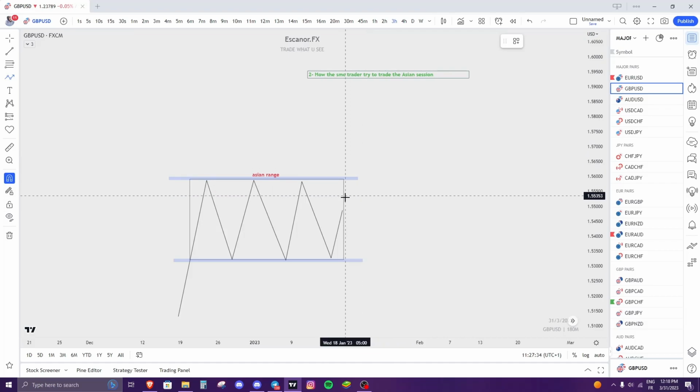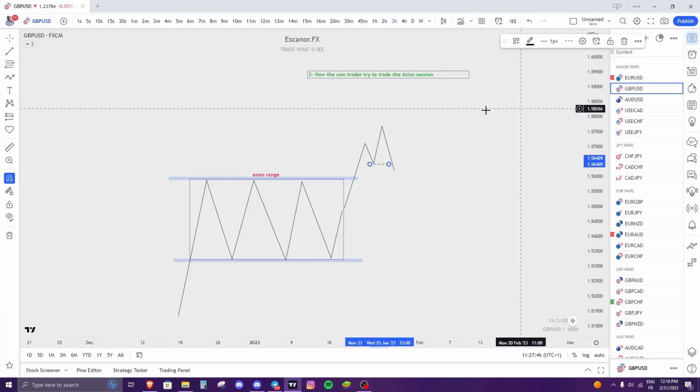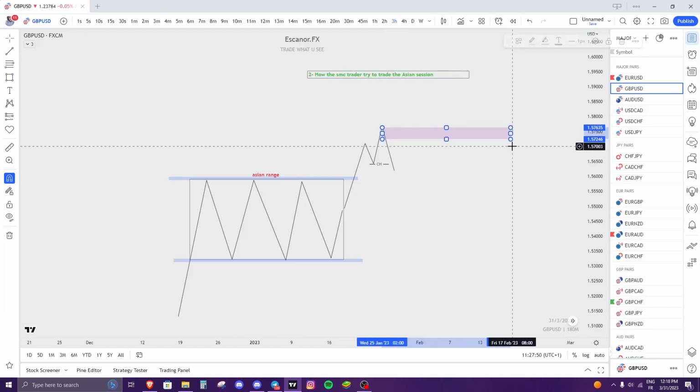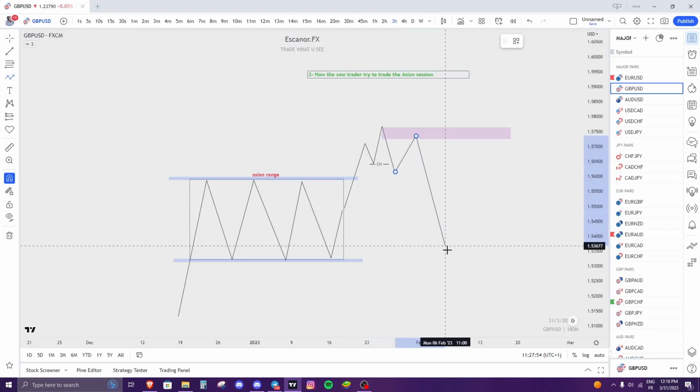So we're gonna wait till this high breaks, for example, and look for a form like that, a change of character here, look for a valid supply here, and then try to sell from there, targeting the low of the SCN session.